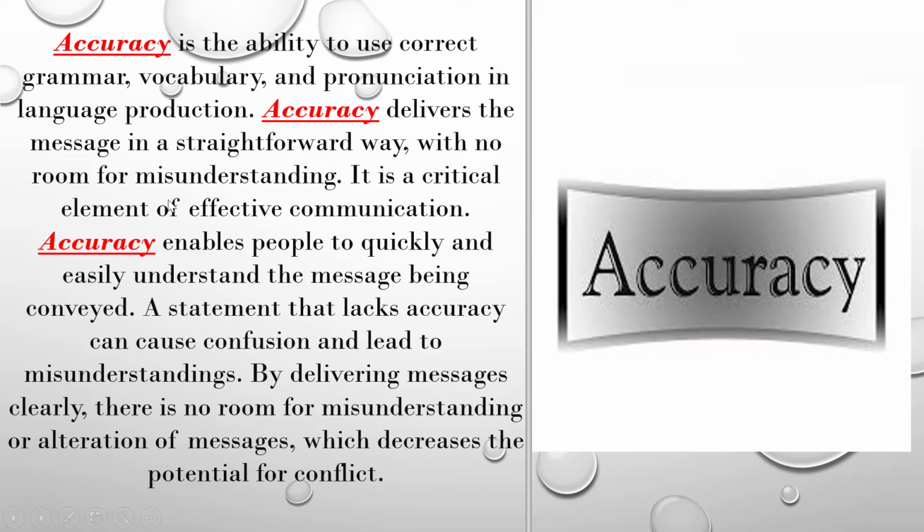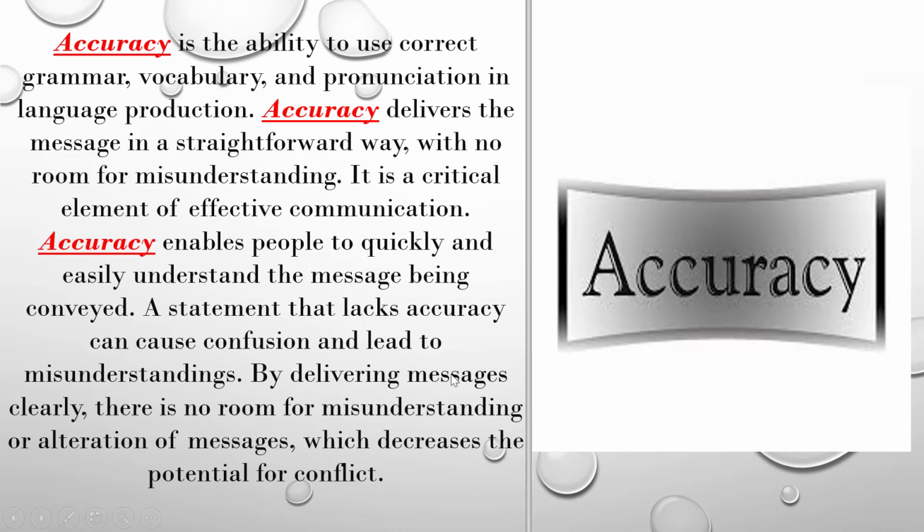It is a crucial element of effective communication. Accuracy enables people to quickly and easily understand the message being conveyed. A statement that lacks accuracy can cause confusion, for sure, and lead to misunderstanding.